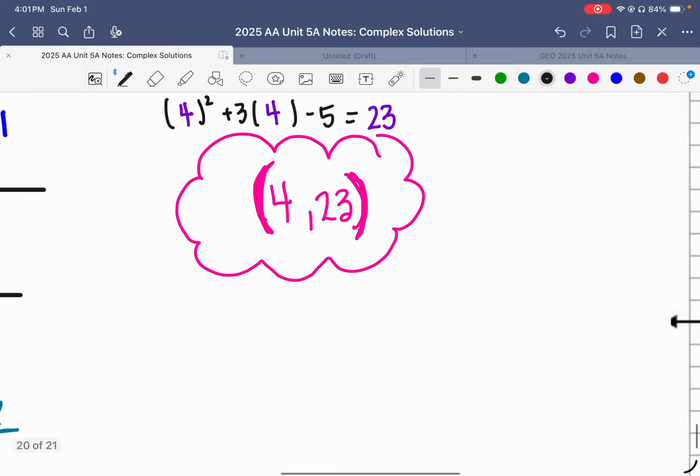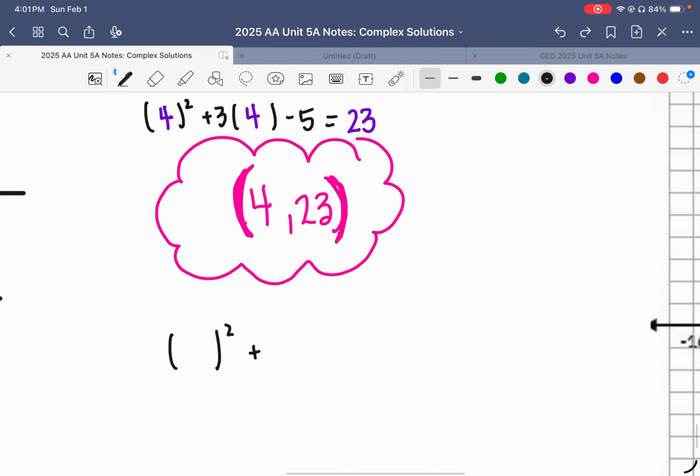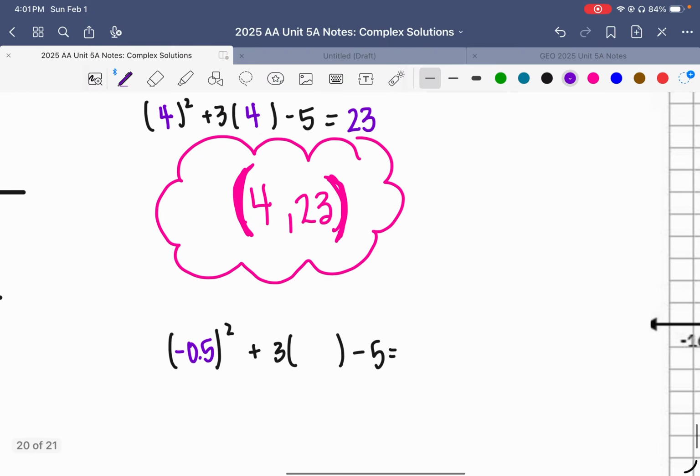Then I'm going to do the same thing with my next x coordinate. We have negative 0.5 squared plus 3 times negative 0.5, and we're going to calculate to see what that gives us on that side. Negative 0.5, can I square that?